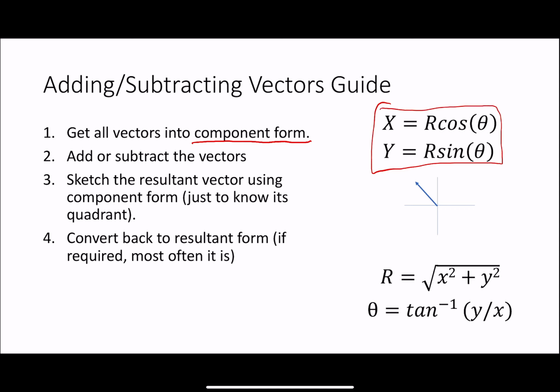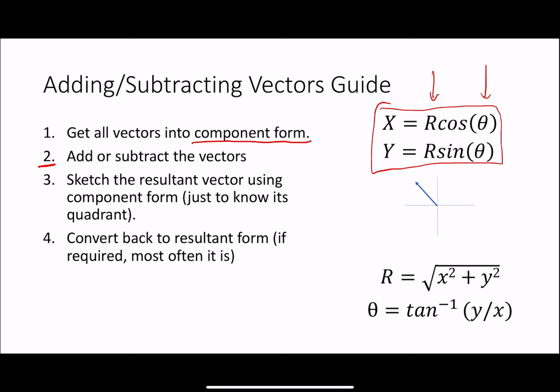You need the magnitude r, which is almost always given, and you need the angle. But remember, this angle is the one with respect to the horizontal. Remember that we practiced getting the correct angle depending on what angles they give us. Step 2: we also need to add and subtract the vectors, so what we just learned how to do.